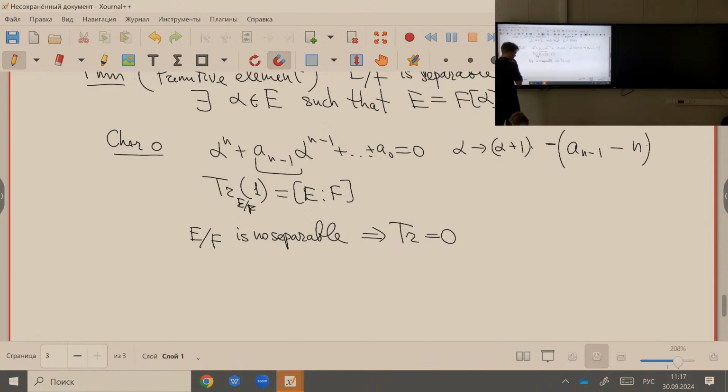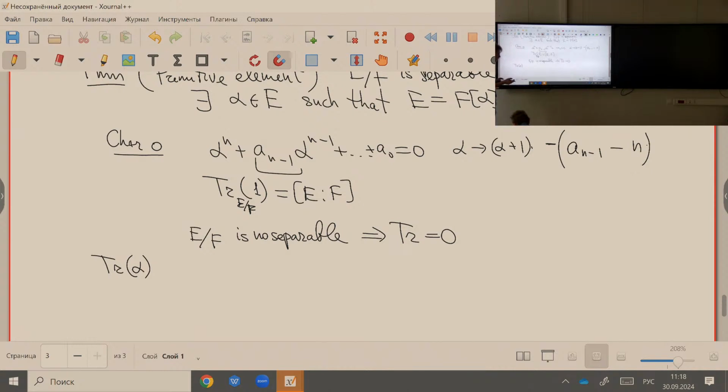So this means that, for non-separable extensions, when you are calculating the trace of alpha, what happens?